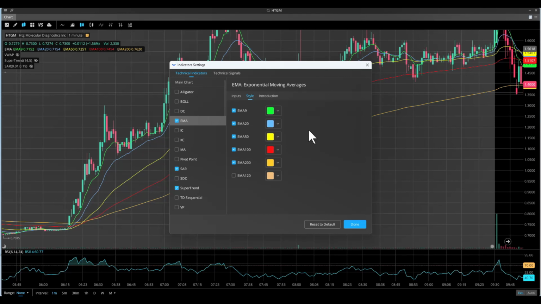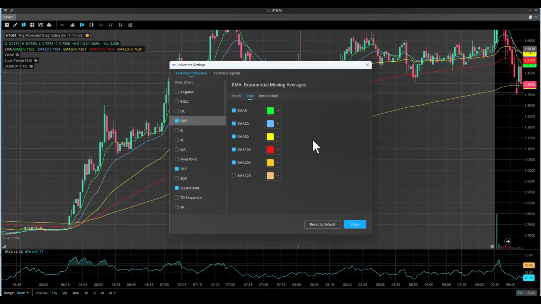Blue does not normally mean go or entry, but it's the closest color to green, and EMA 20 is a potential entry area depending on how the chart has been reacting in the last 30 minutes previous to the alert. EMA 50 is yellow. This is caution.